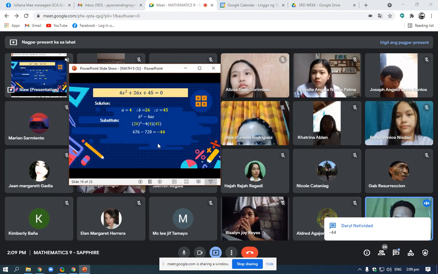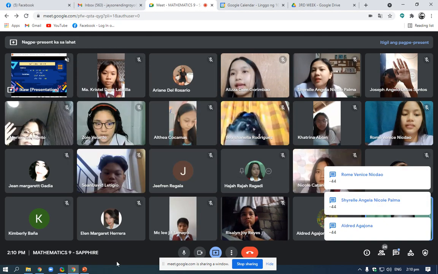Now, is negative 44 greater than 0, less than 0, or equal to 0? Anong classification ng negative 44? Joseph? Less than 0 po. Less than 0.